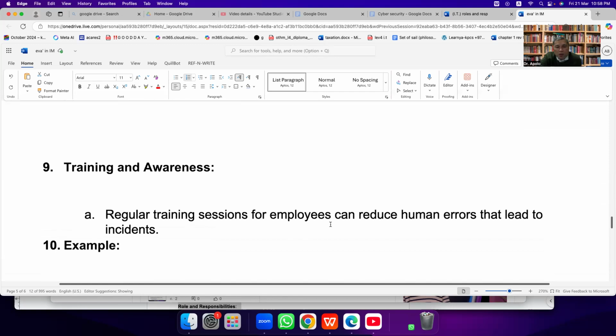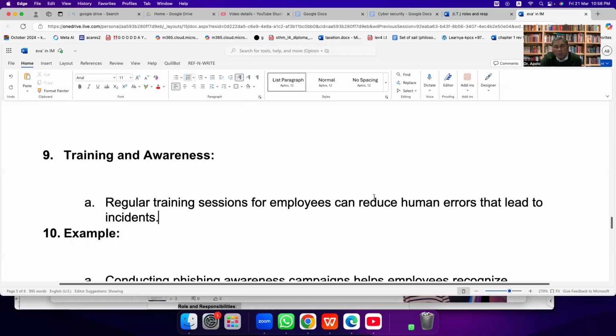Then training and awareness. Regular training sessions for employees can reduce human errors that can lead to incidents. Sometimes the attackers will call the employee, disguising as a client, and then the employee gives information. So there must be SOP training for unsolicited calls.